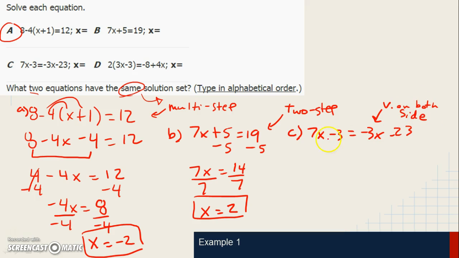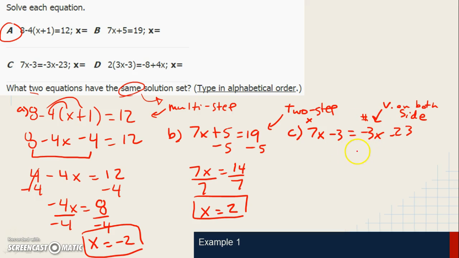And what that means is that we've got an x variable on the left side, we've got an x variable on the right side. In order to solve for x, we've got to eliminate the x variable on one side. So let's go ahead and choose the side that we want to eliminate it on. Let's eliminate it on this side. So I'm going to keep x here, and I'm going to eliminate it here. So here's my x side, here's my number side.